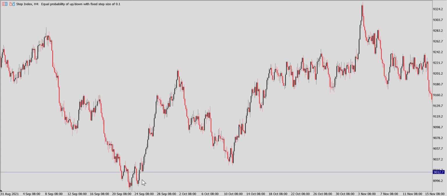So you can see that this move might really be supported by smart money. This is the H4 time frame that I'm using here. So you can actually see that this move might exactly be supported by smart money there.